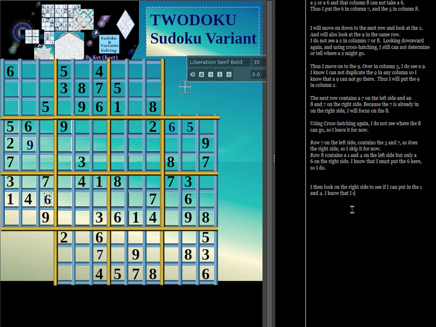I know that I cannot put a 1 or 4 here. And I know that a 1 and a 4 cannot go down here. This means that in this column only these two squares can get a 1 or a 4.